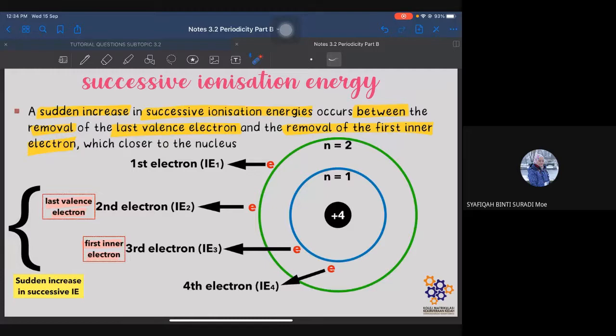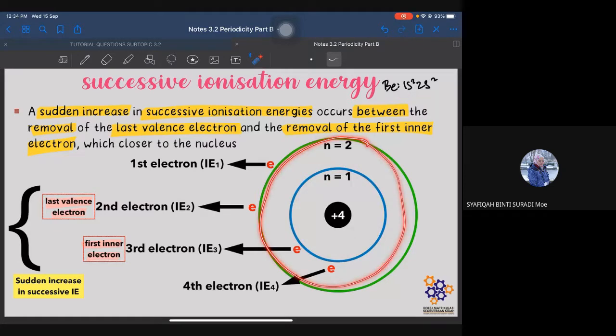So if we see here, kita ada contoh dekat sini, kita ada beryllium. 1s2, 2s2. So dekat sini saya lukis. Okay, kat sini ada nucleus. Ada n equals to 1 refers to 1s2.